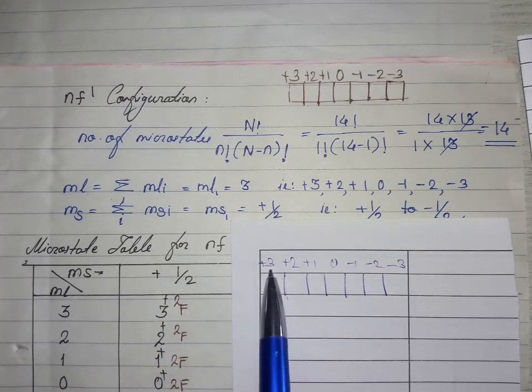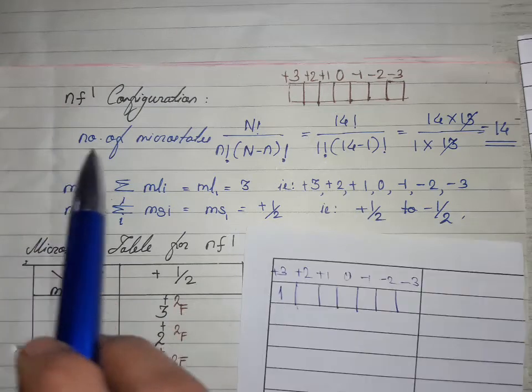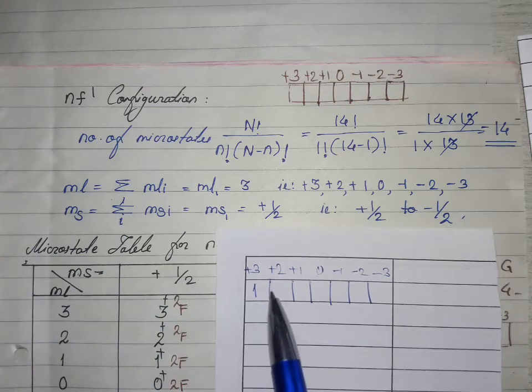That ML is the orbital number. So for that one electron, in the nf1 configuration, ML is equal to plus 3.